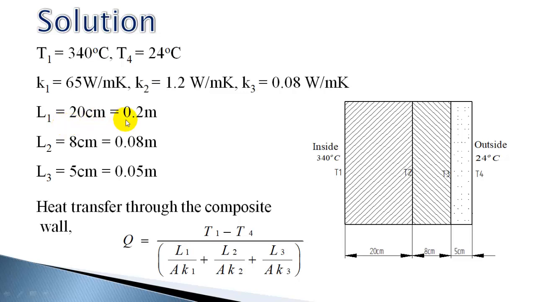Now thickness of the first layer is 20 cm, it's 0.2 meter, and the second layer is 8 cm or 0.08 meter, and third layer is 5 cm or 0.05 meter. We have the heat transfer through the composite wall as T1 minus T4 divided by L1 by AK1 plus L2 by AK2 plus L3 by AK3.